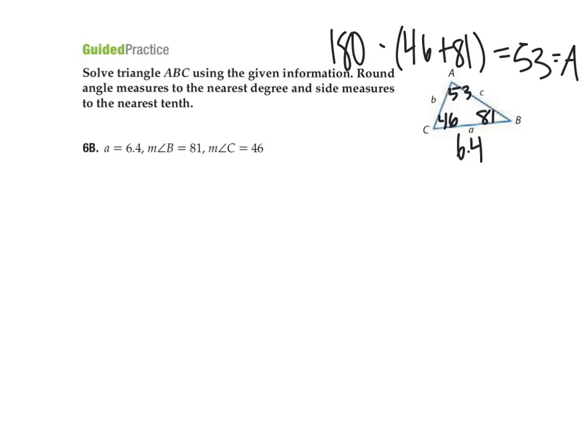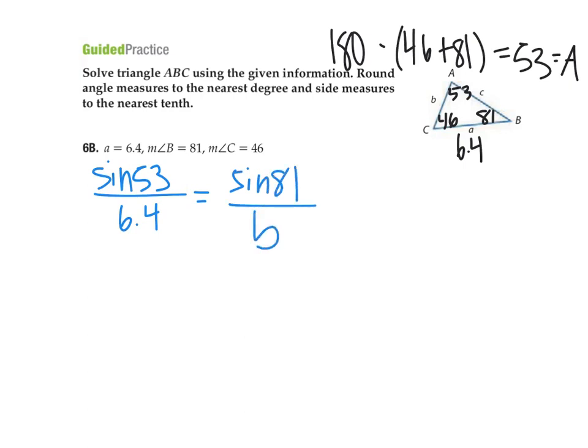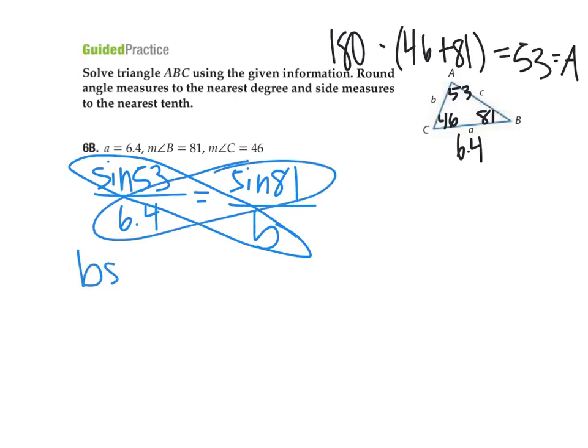So to set up the law of sines, I'm going to say that the sine of 53 degrees over the matching side, which is 6.4, is equal to the sine of 81 degrees over side B. So right now we're going to solve for side B. To start us off, let's cross multiply. B times the sine of 53 is equal to 6.4 times the sine of 81.